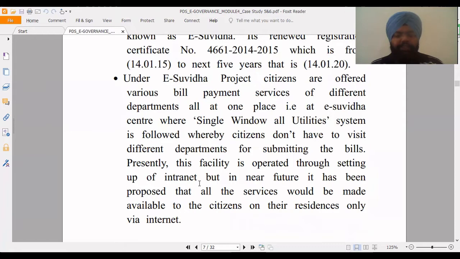Presently, this facility is operated through an intranet, but in the near future it has been proposed that all the services would be made available to the citizens at their residences via the internet.